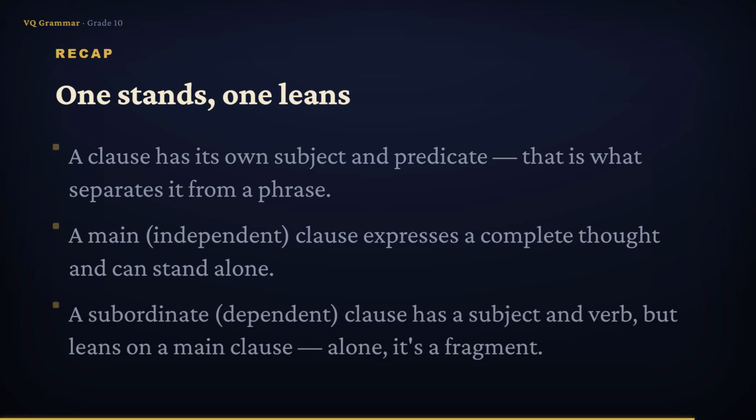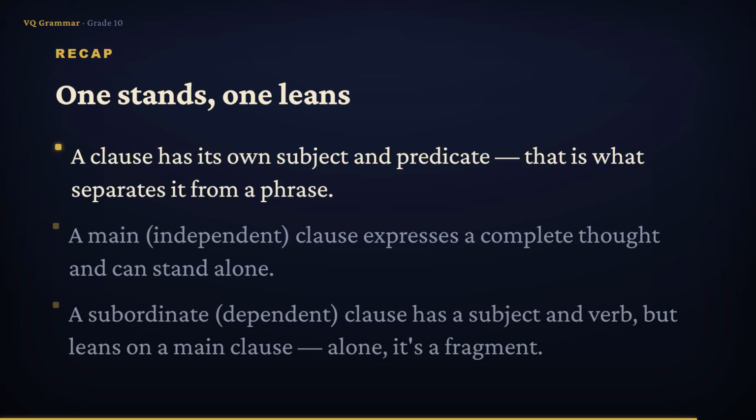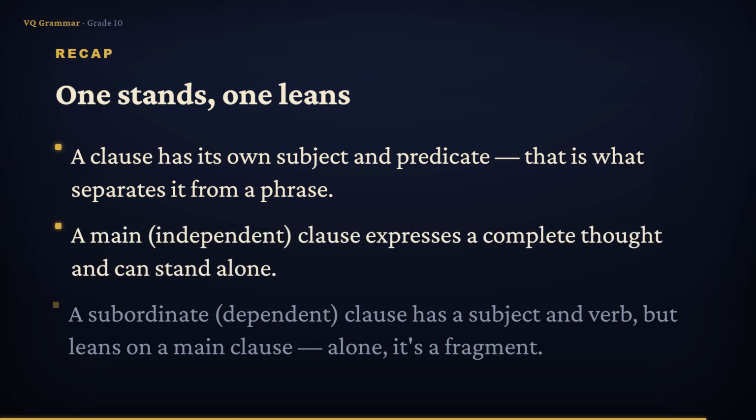Let's gather it all up. A clause is a group of words with its own subject and its own predicate, and that is exactly what separates a clause from a phrase. A main clause, also called an independent clause, has that subject and predicate plus a complete thought, so it can stand alone as a sentence.